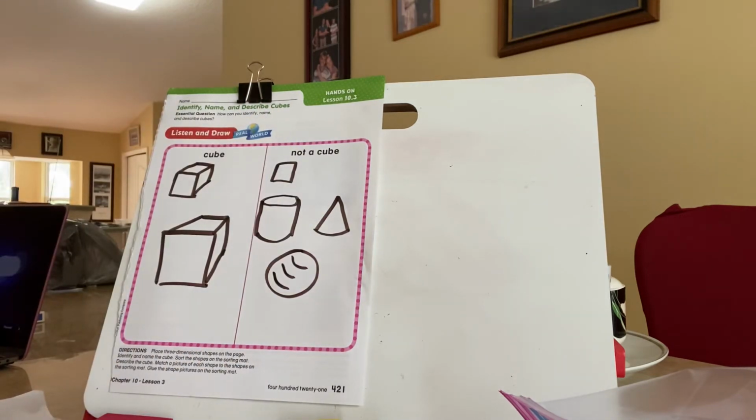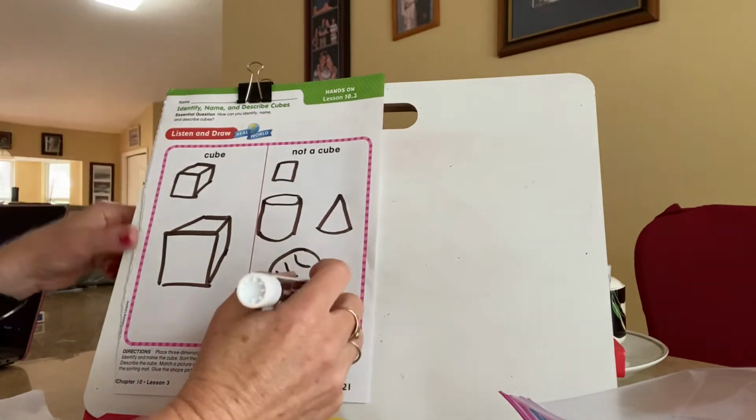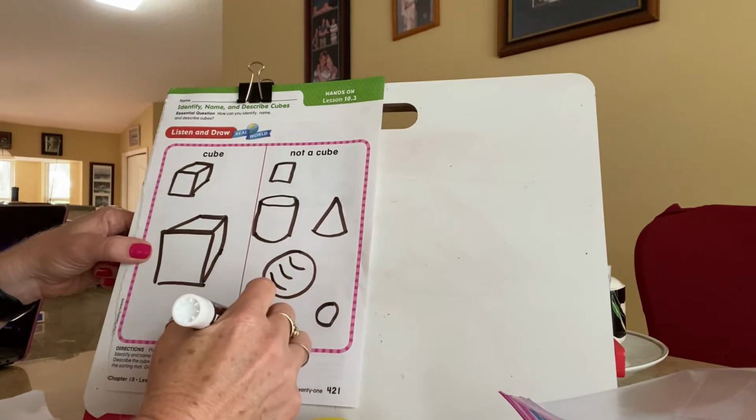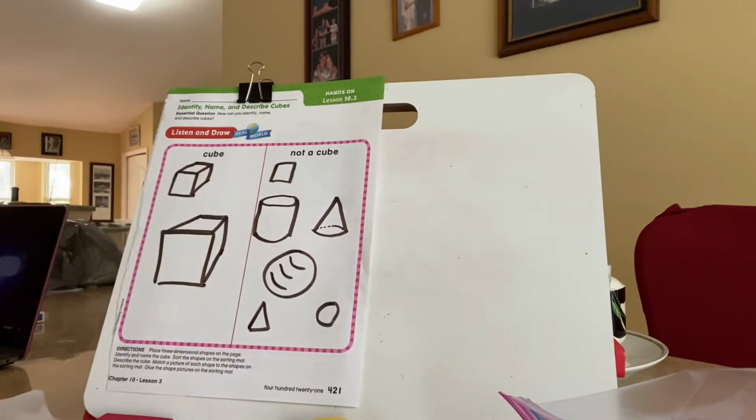So those are things that are not cubes. Not a cube, I can even just do a circle. Whoops, that was moved. A triangle. Actually, let's make that a cone. There we go. So those are ways that we can do that.